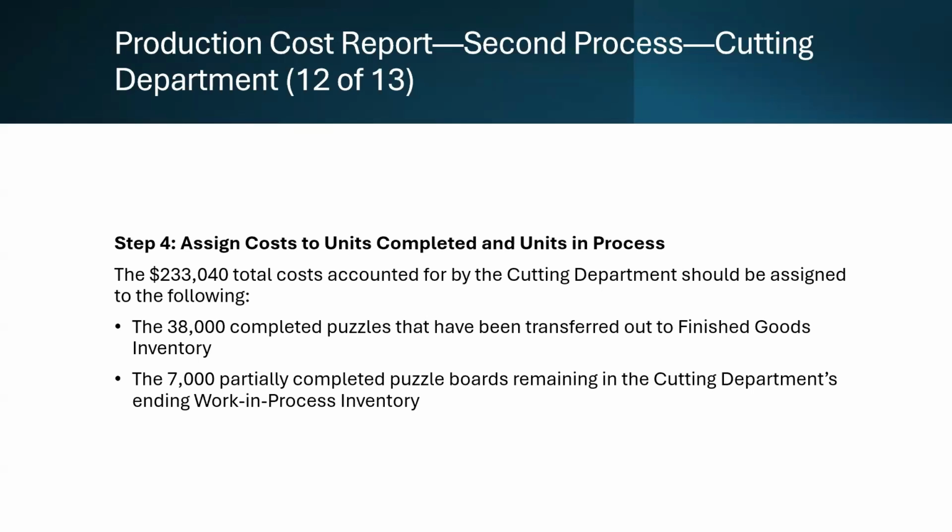To assign the costs of the 3 inputs to the two outputs, this step must be completed 6 times: to assign transferred in costs to completed units and in-process units, the direct material cost to completed units and in-process units, and the same for the conversion costs.